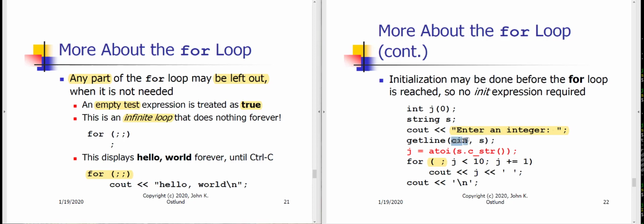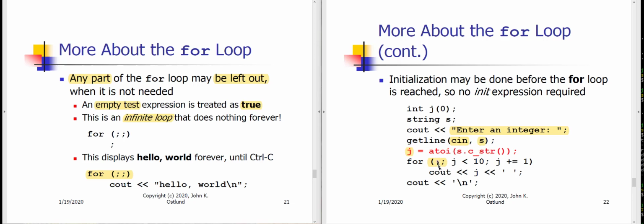We're using getLine to read that line of text from the user's keyboard, and then we are getting our integer value for j by converting the string s to a C-string, and from there converting that sequence of characters to an int. A to I is ASCII to int. Okay, so the initial value that we want for j is coming from this A to I function call.